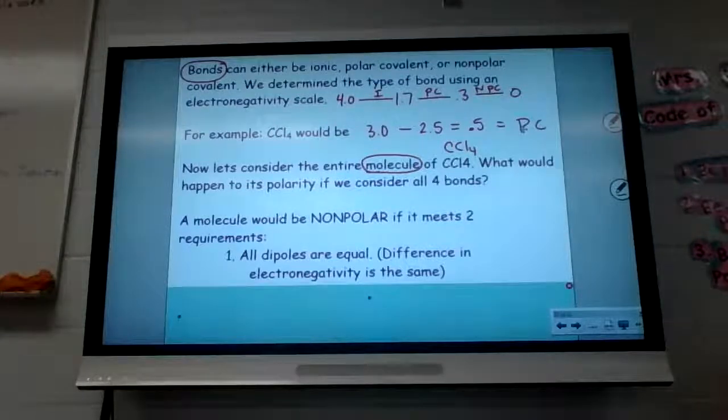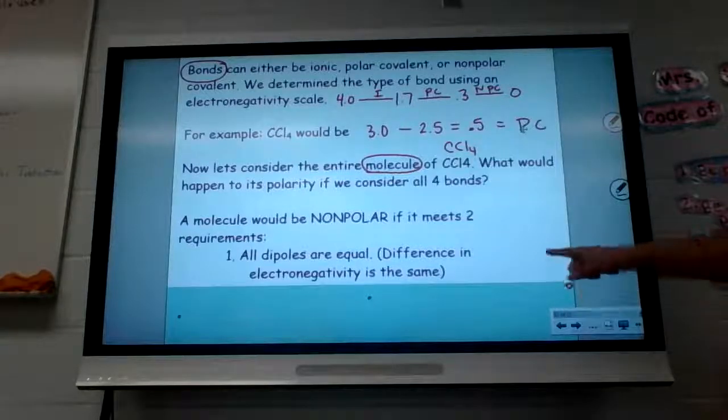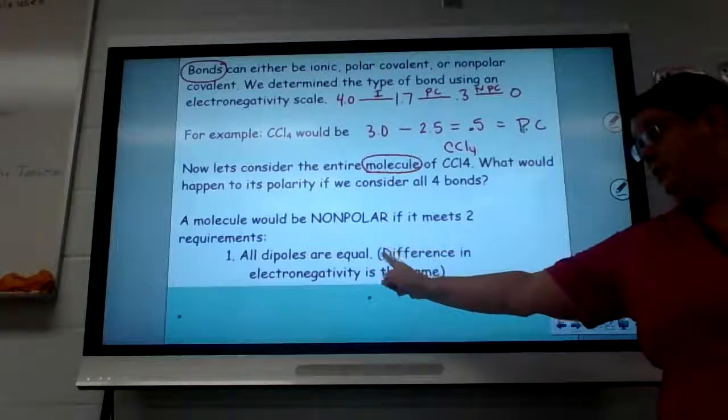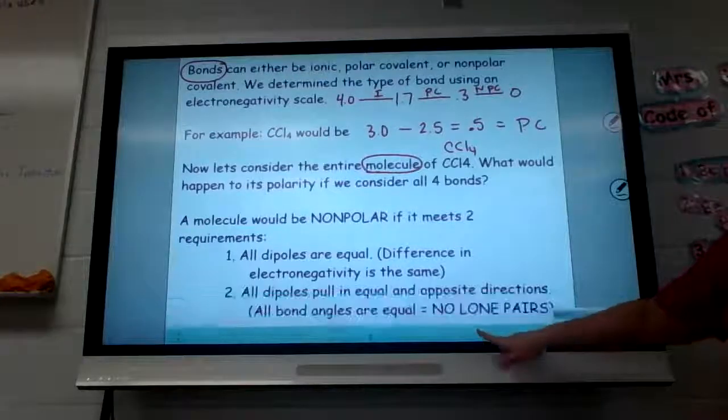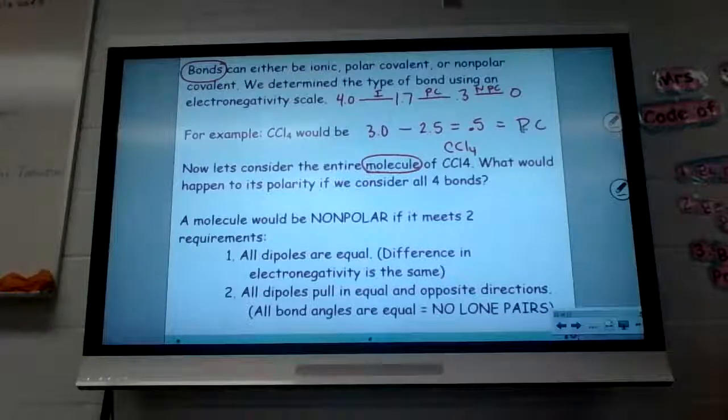Wait, where's dipoles again? The difference in electronegativities. Oh. Okay? The electronegativity difference is the dipole. And number 2, all the dipoles have to pull in equal and opposite directions. Well, how do you know if they pull in equal and opposite directions? You know this because there are no lone pairs.